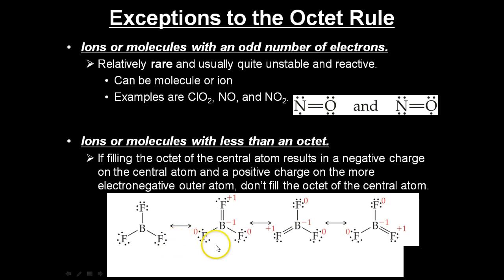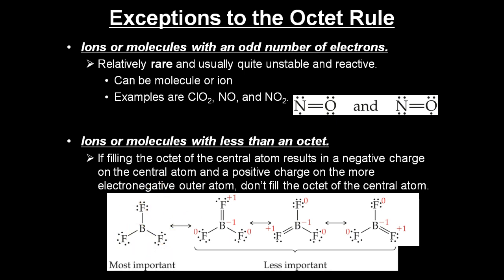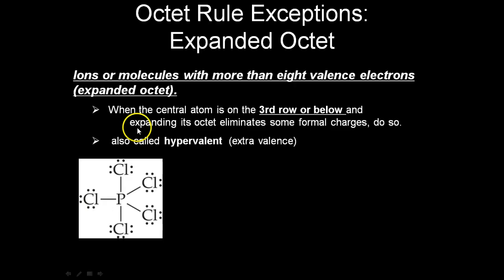If you try to write it any other way, with any of these other possible resonance structures, you'll find a -1 charge on the central atom and a +1 charge on the fluorine atoms. So these are not good. This is the best, the correct Lewis structure. This is the most important, and these are less important.